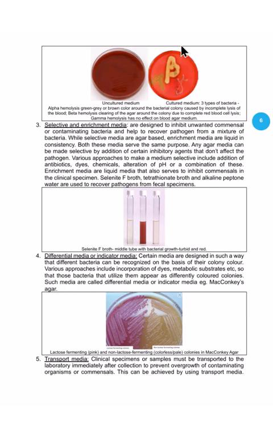But as you can see here, once the bacteria start to grow, we can differentiate the different types of bacteria according to their hemolytic effect. That means hemolysis of the red blood cells within the medium.